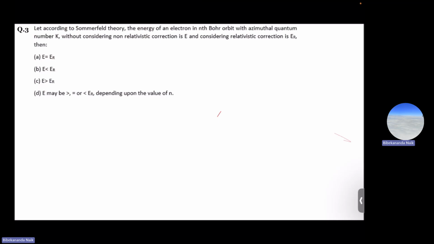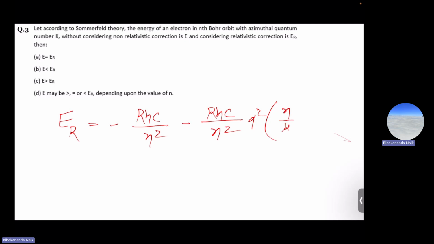So what is the energy value? If you talk about the relativistic correction, ER is minus RHC by n square, minus RHC by n square times alpha square times the correction n by k minus 3 by 4.